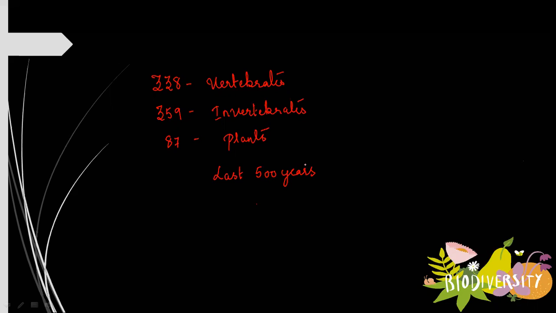Remember the numbers, note down and take. 338 species of vertebrates, 359 species of invertebrates, and 87 species of plants have become extinct in the last 500 years. Okay, now coming to what is the Red Data Book.